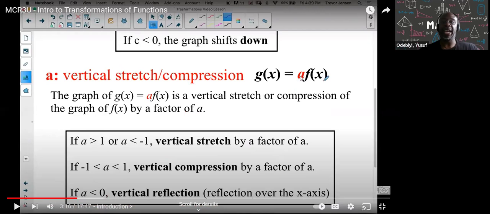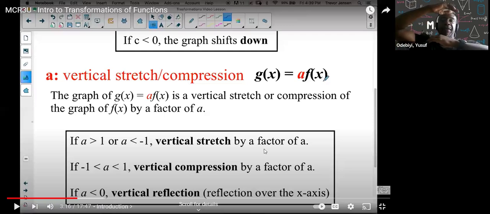If my A is greater than 1, that means it's going to stretch it. If my A is a decimal, meaning it's between 0 and 1, that means it's going to compress it, like this. I'm using my hand so you can see.